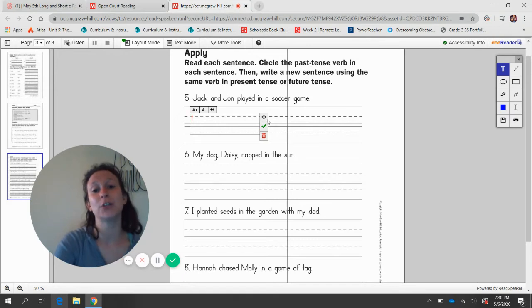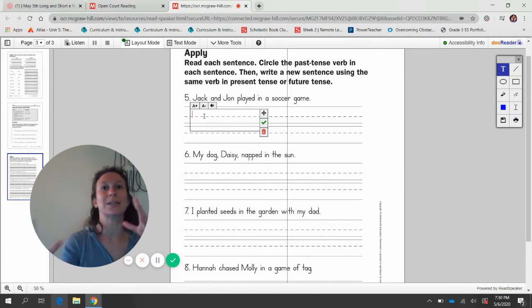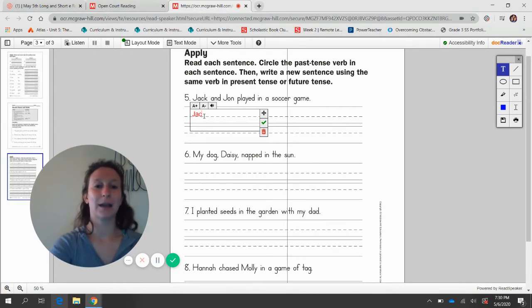All right, so I'm going to choose future tense. Now, when you make a future tense sentence, you sometimes add words that make it so it's happening not now, but soon. So you could say Jack and John will play in a soccer game.